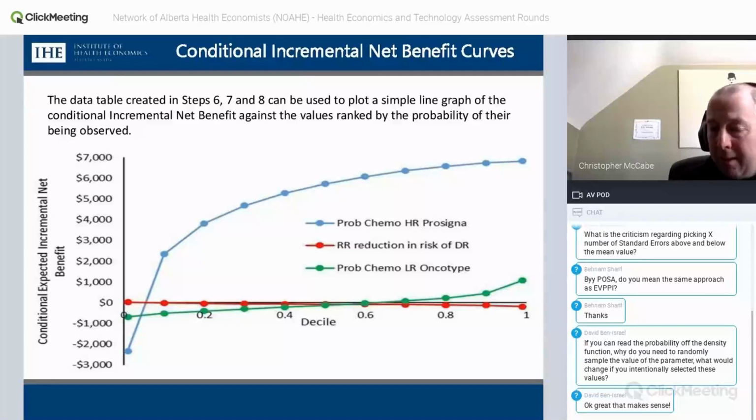So the probability of local recurrence in those patients who have chemotherapy as a result of their Oncotype DX test is a parameter that could change the reference case decision to a negative. So really easy to read off and interpret, I think.